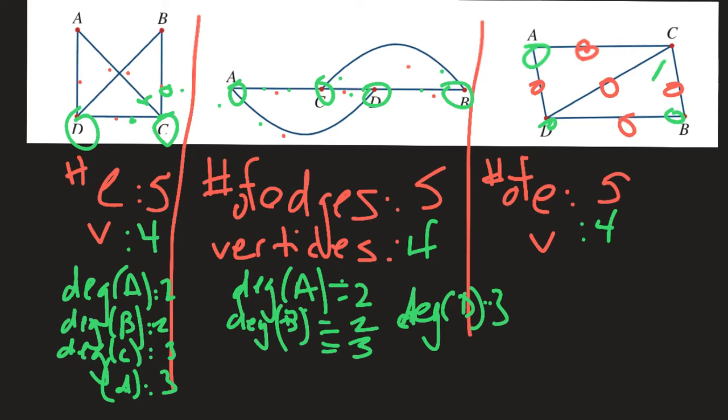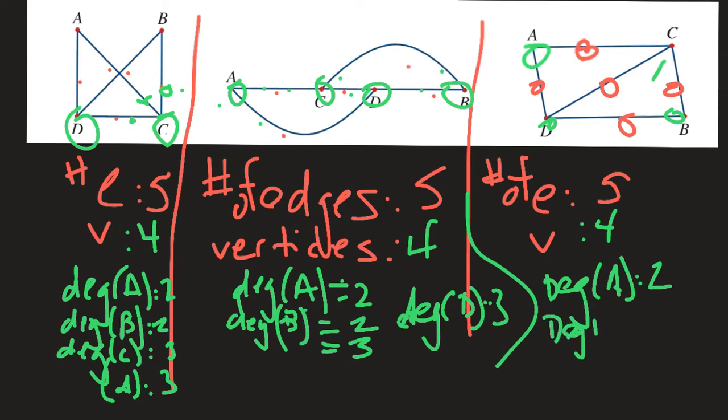So let's try the third. My degrees for A is 2. My degrees for B is also 2 still. 1, 2 edges leading away from B. My degrees for C, if I look quickly here, is 3.